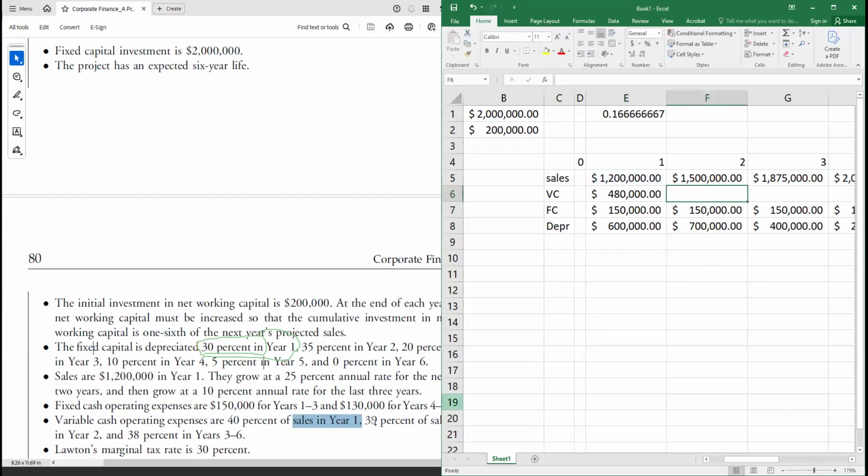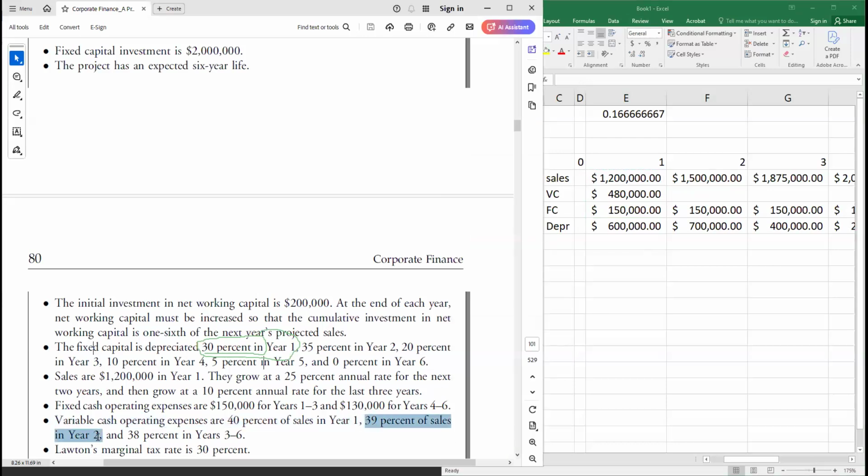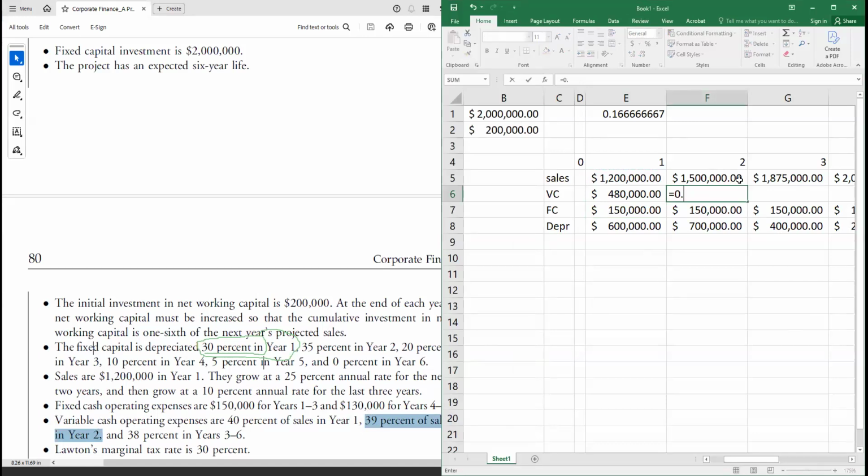In year two, it's going to be 39% of the sales. And in year three, which is 39%, that will be applicable for the last 3 years. And Jania can confirm it.